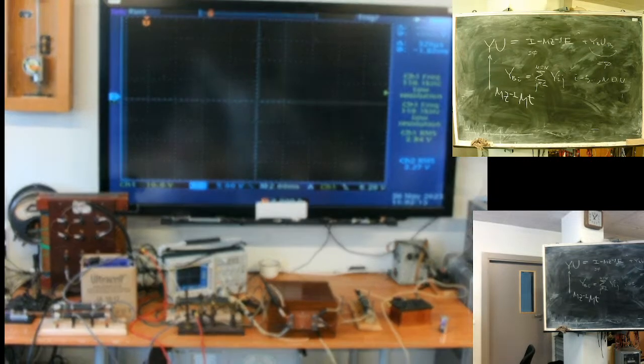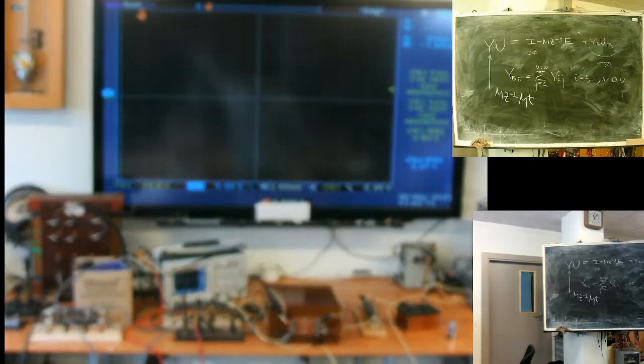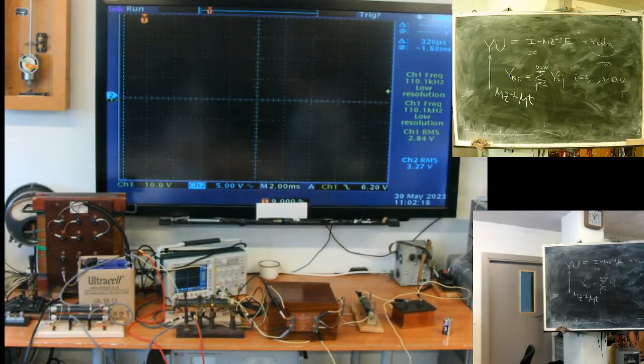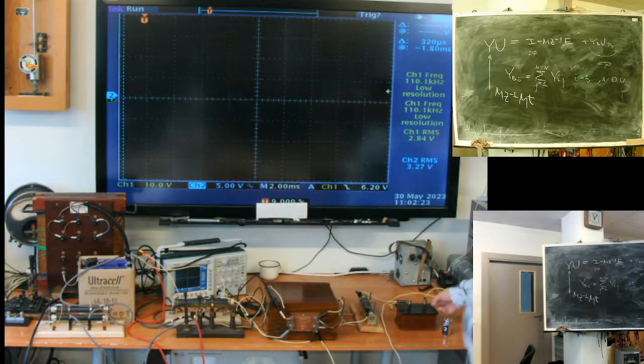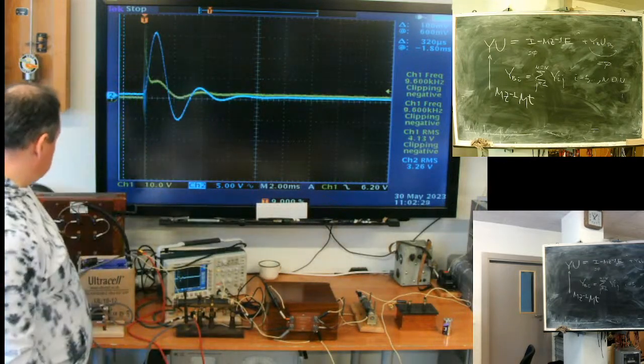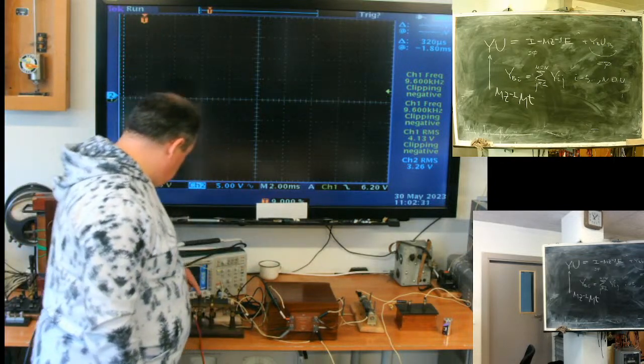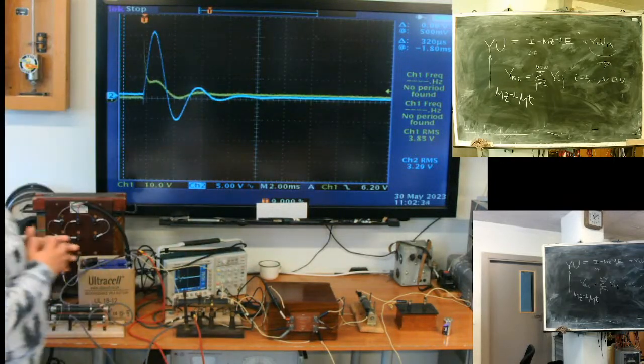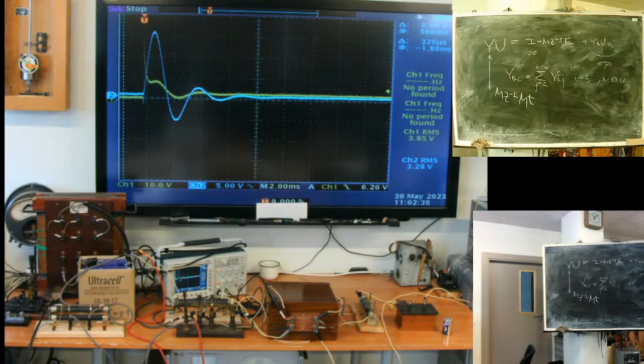Here is my capacitor. The yellow line is the first node voltage, primary, and the blue line is the voltage on the secondary coil. Something familiar?